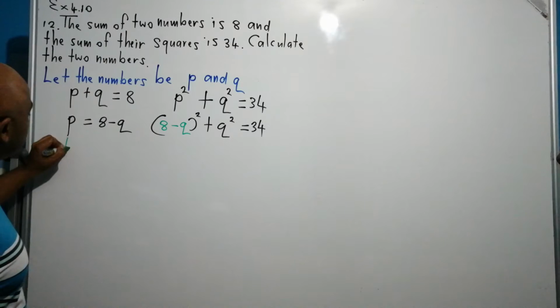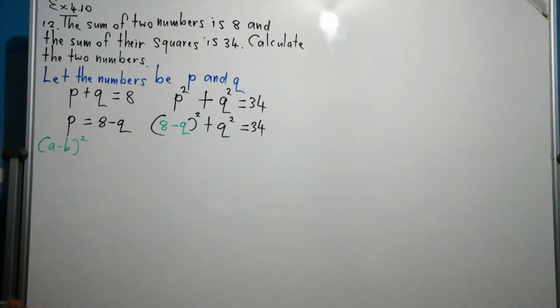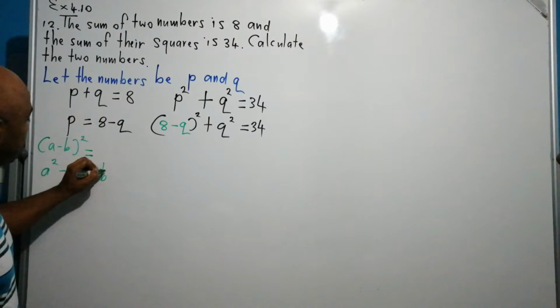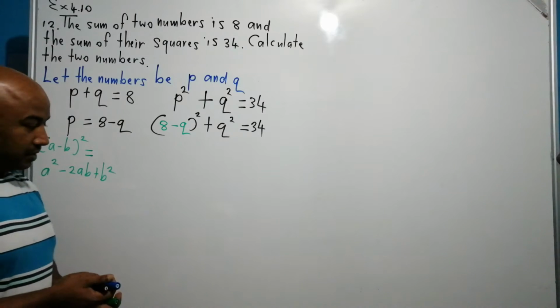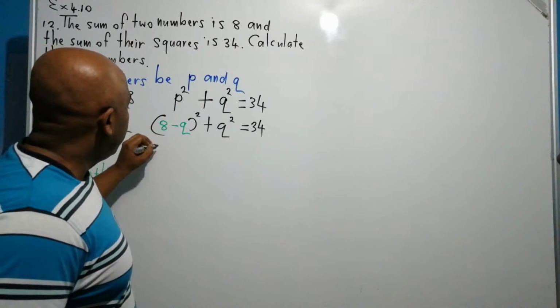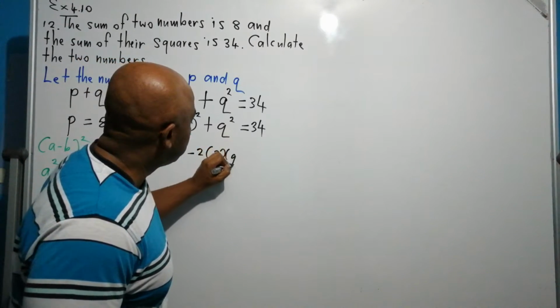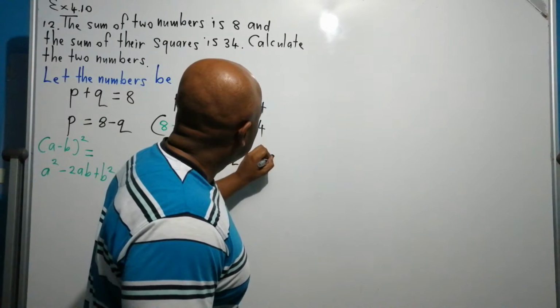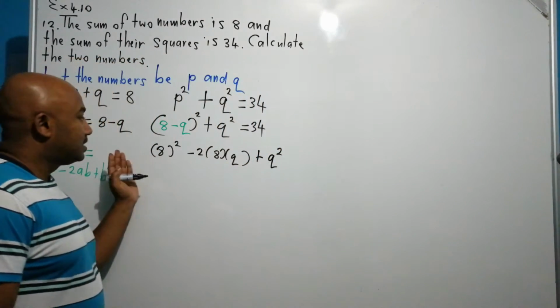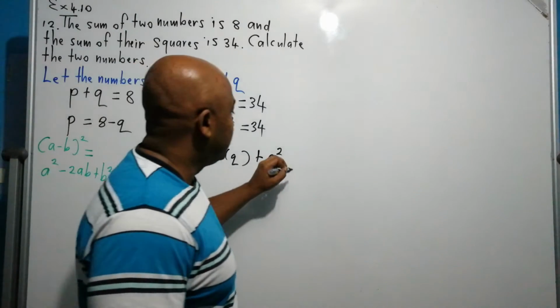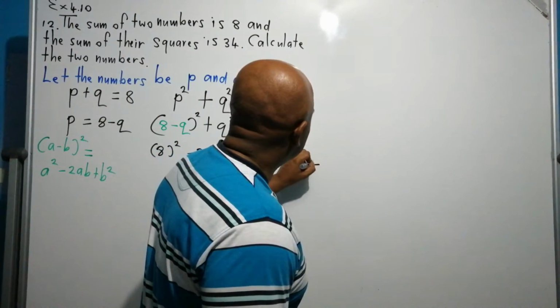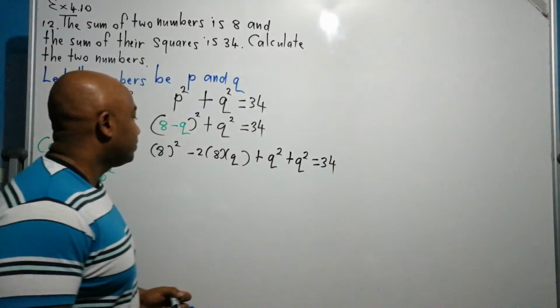Remember, we always go back to our chapter 1 when we dealt with squaring a binomial. So a minus b all squared is the same as a squared minus 2ab plus b squared. So here we have 8 squared minus 2 times 8 times q plus q squared. So that's dealing with this part, and then I still have another plus q squared is equal to 34.